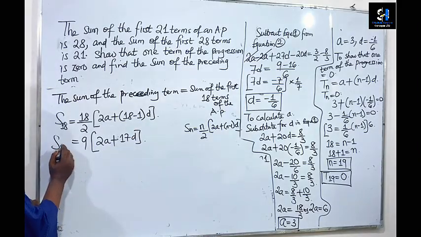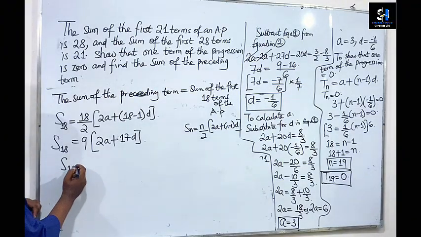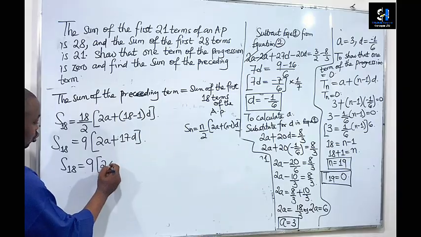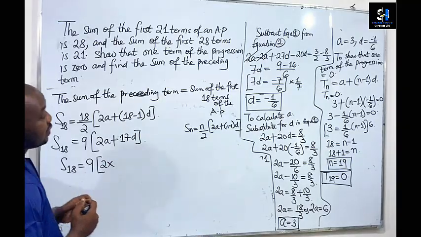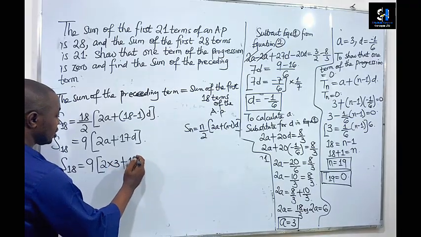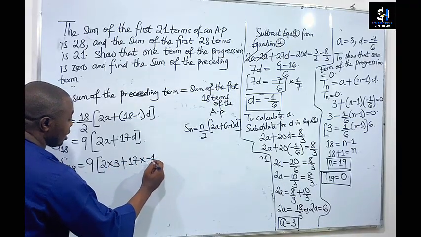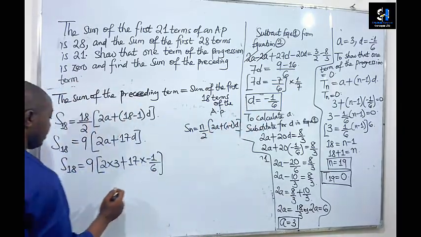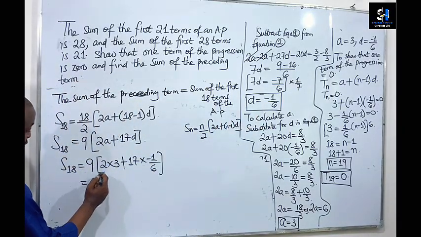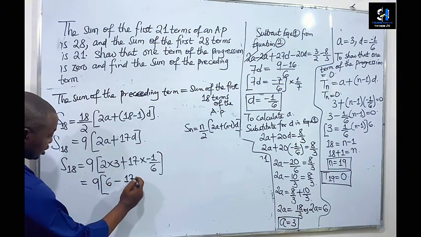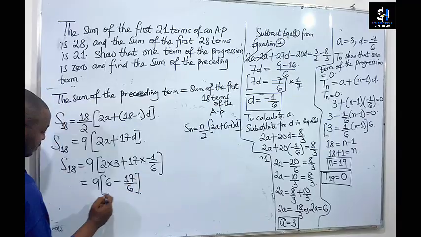We are looking for S subscript 18, so S18 will be 9 open parenthesis 2 times a, the first term is 3, plus 17 multiplied by the common difference, which is minus 1 over 6.